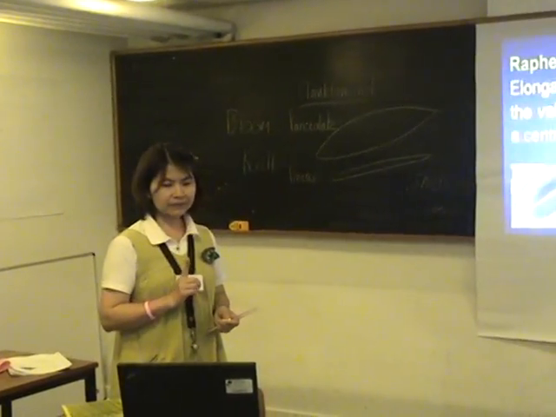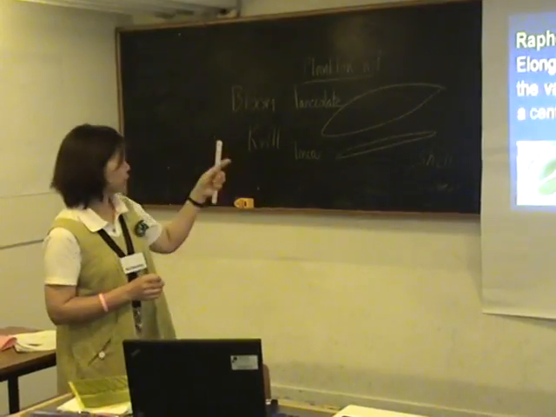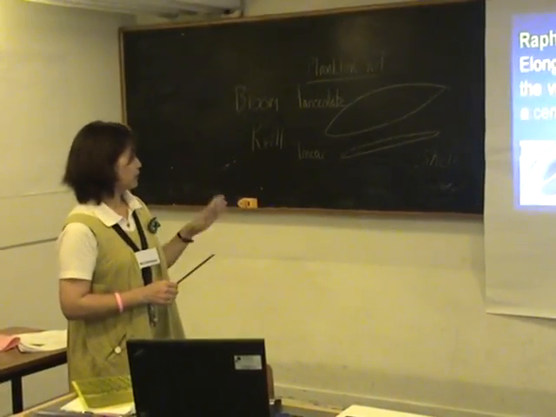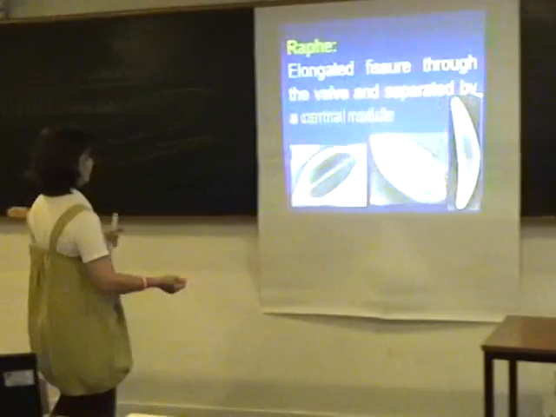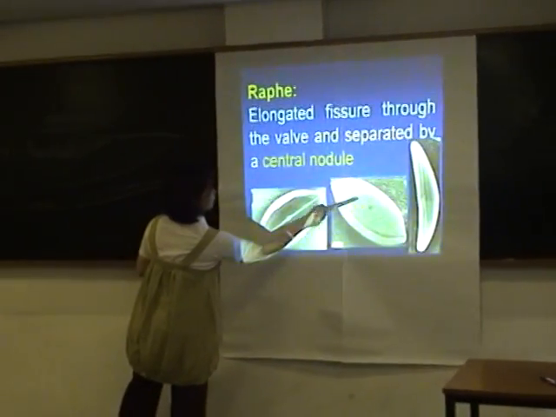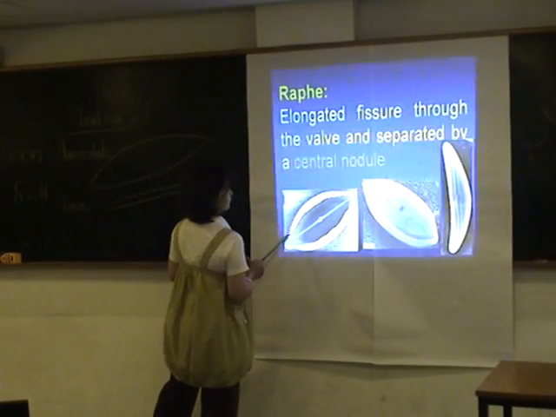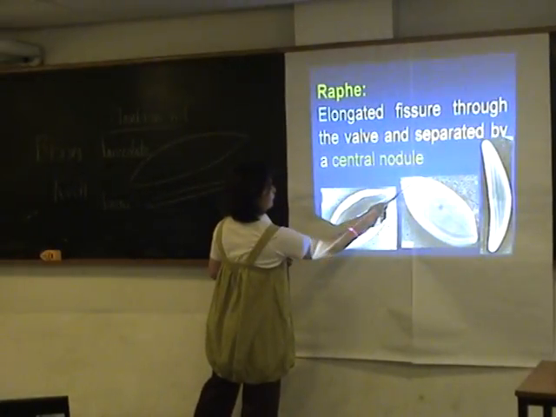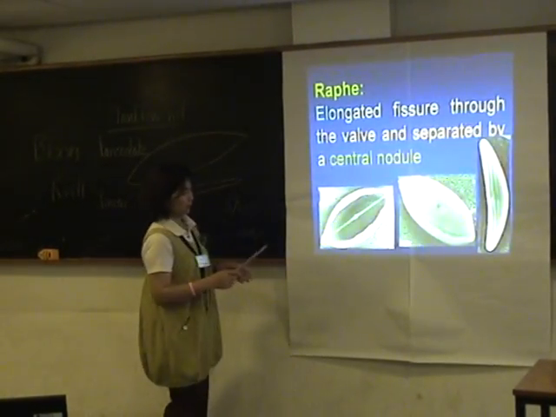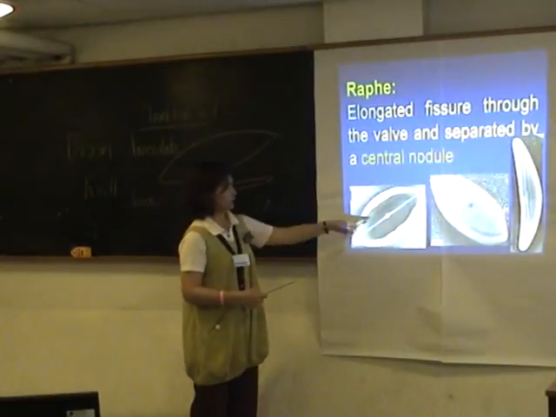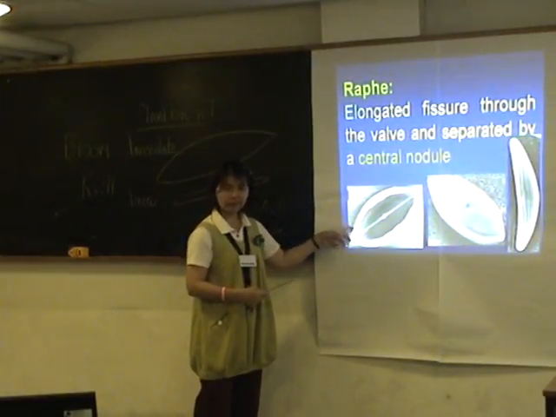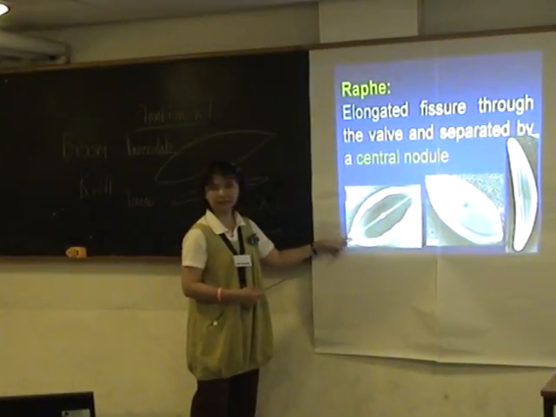And there is something else too important to know. Raphe. I told you first, but yeah. We call this one the raphe. The raphe goes along the cell, inside of the cell. When you see inside, it looks like this one.